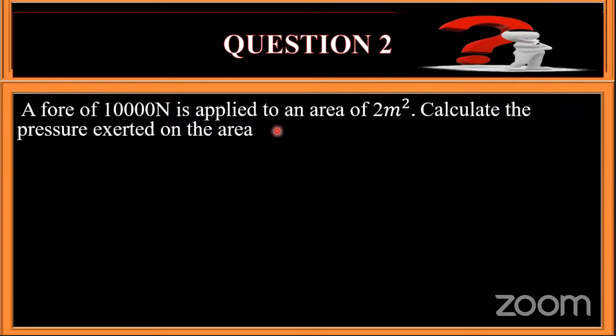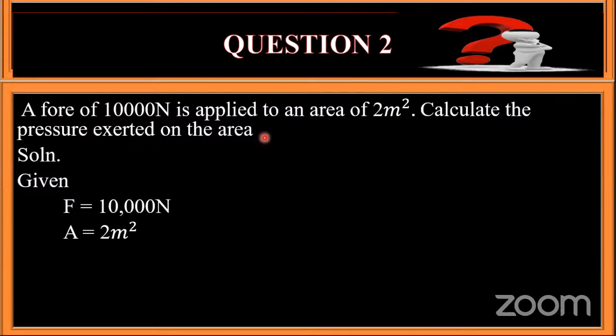Your answer is 50 million. 10 million. Okay, Elisa, let's check where you went astray. In our solution, we have the force given to us as 10,000 newtons, and we have the area as 2 meters squared.